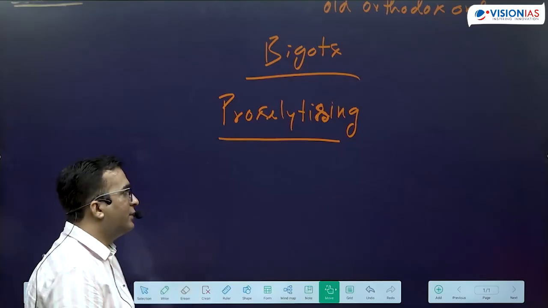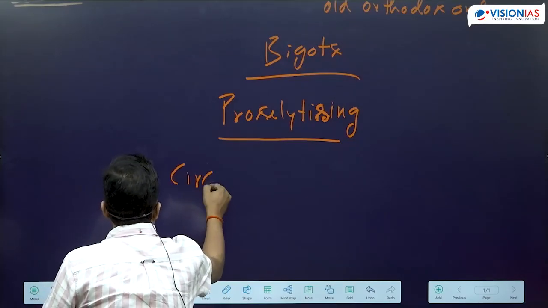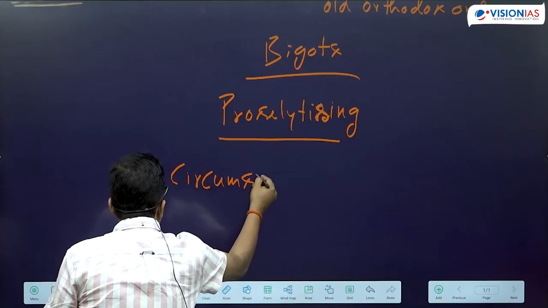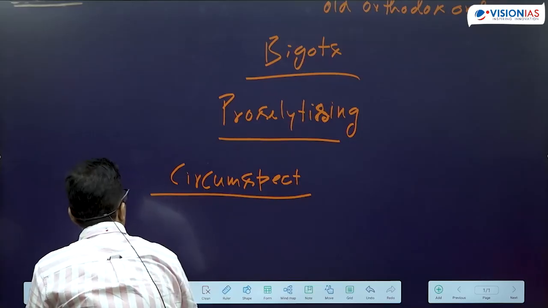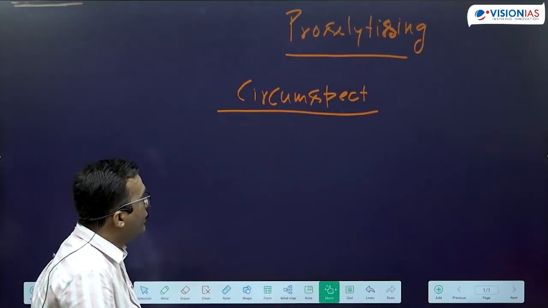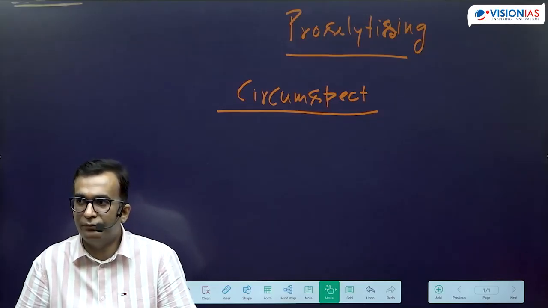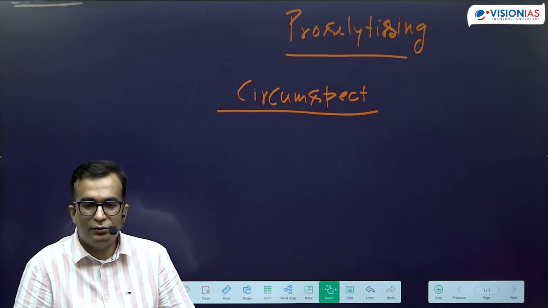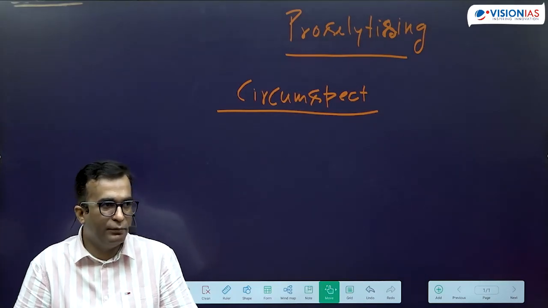Hindus became circumspect. You can write doubtful also if you want. Circumspect that British will force them to embrace Christianity.